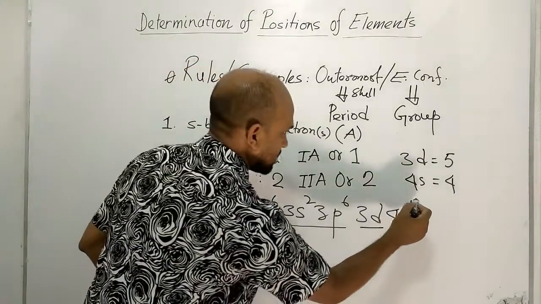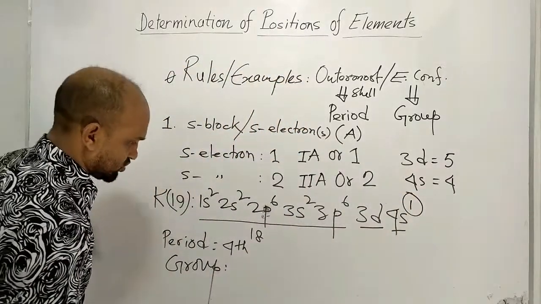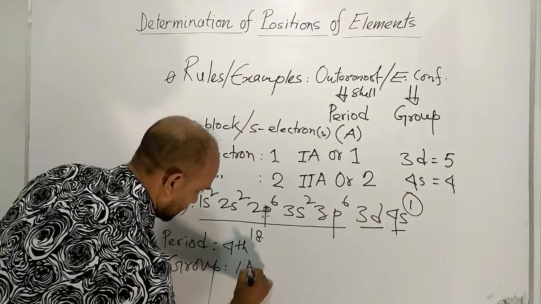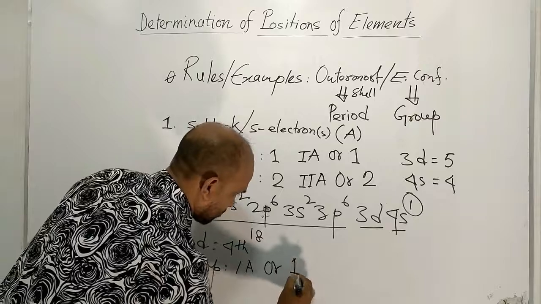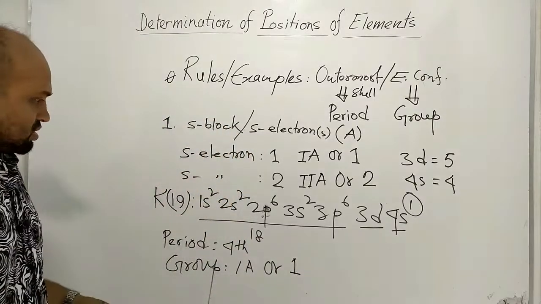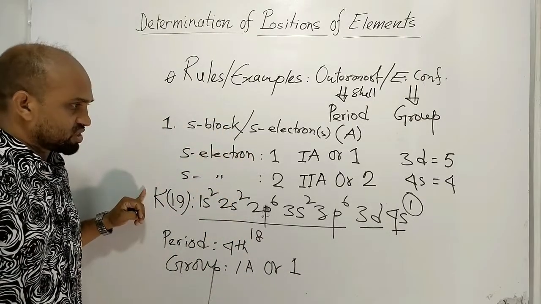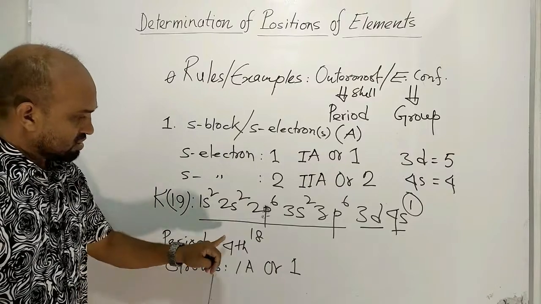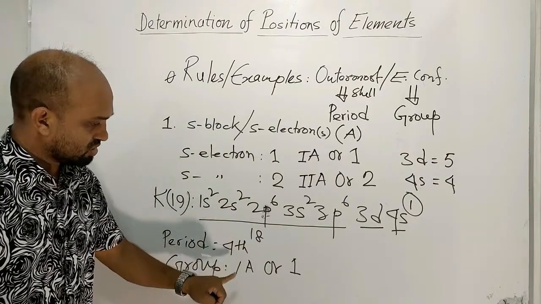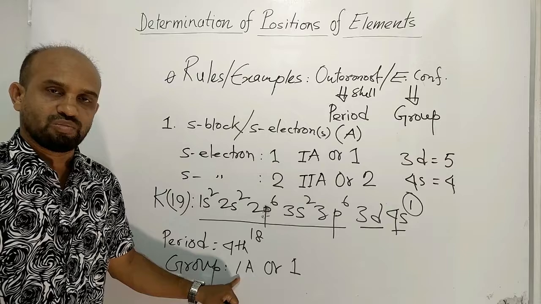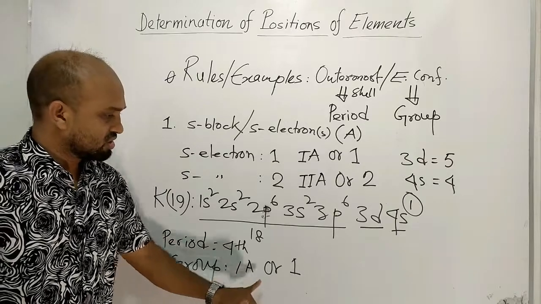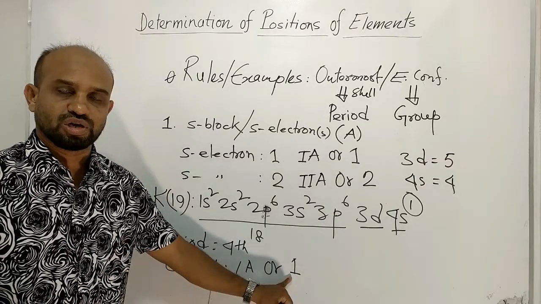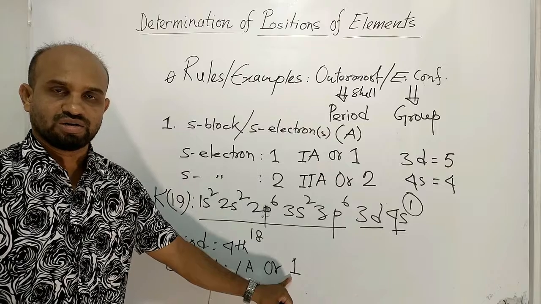Outermost electron, only one electron. So its position will be 1A or simply 1. Now the position of potassium is the 4th period and column 1A, or in the most modern periodic table it is 1.